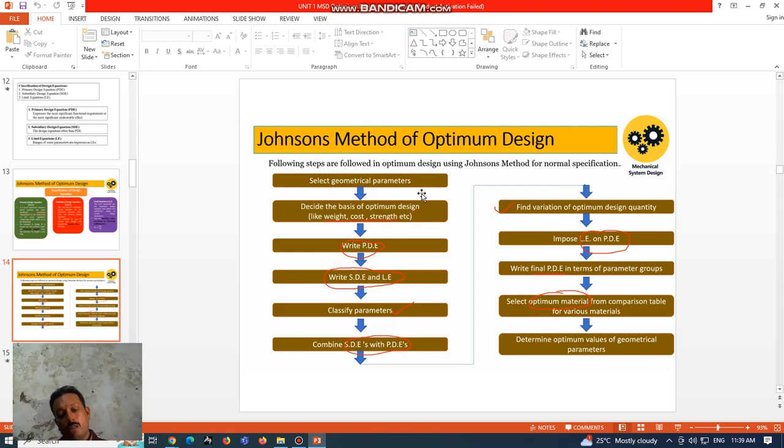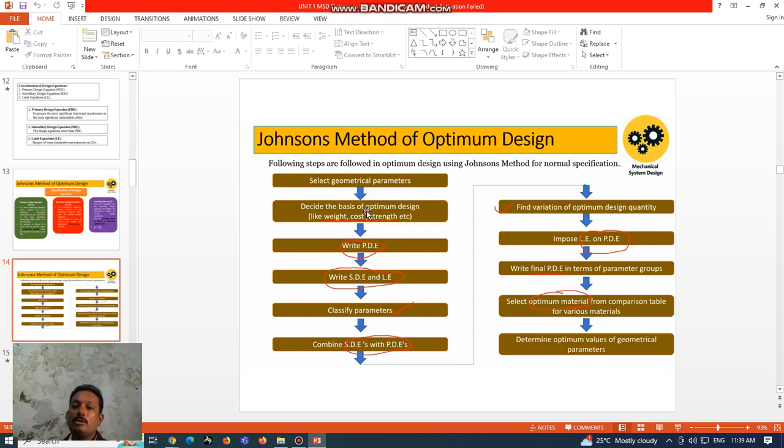Selection of an independent geometrical parameter for the mechanical element which uniquely defines the geometry of the mechanical element. If the choice exists, then select the geometrical parameters which are either specified or limited.